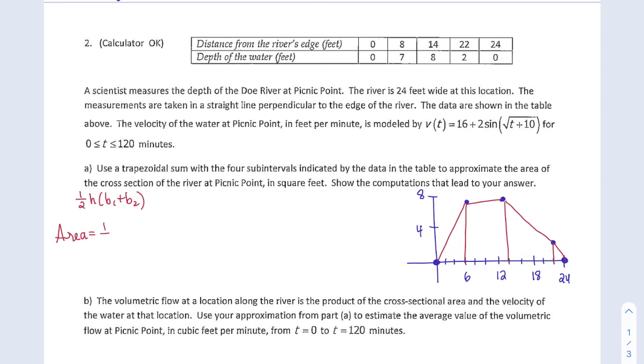by doing 1/2. Our first interval is 8, a height between our two bases of 8. One base is 0, the other base is 7. Plus our second trapezoid has a difference of 6.